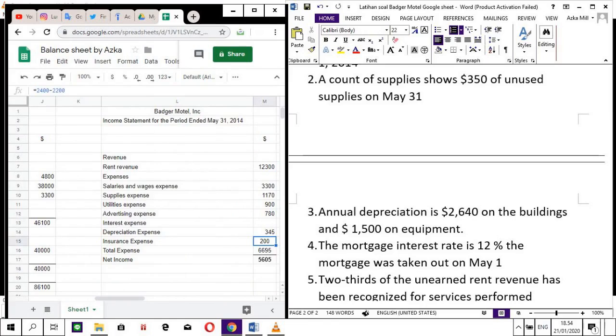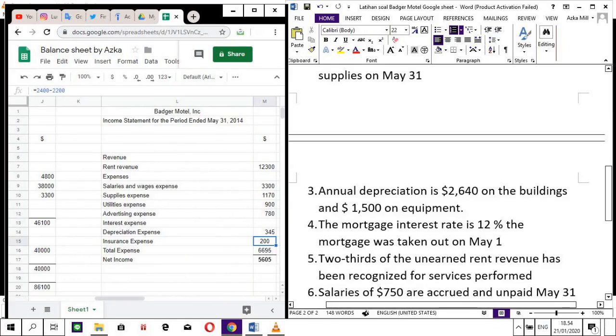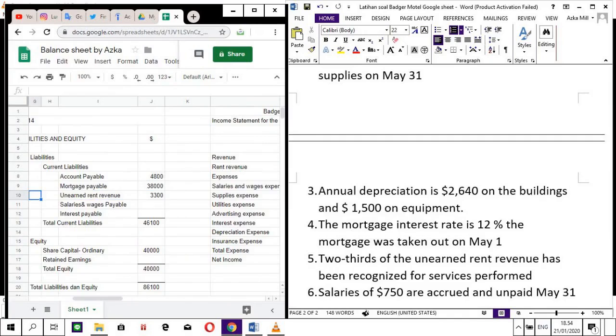Okay, next, number 4, the mortgage interest rate is 12%. The mortgage was taken out on May 1. The bank or financial institution has charged the company a 12% interest rate.